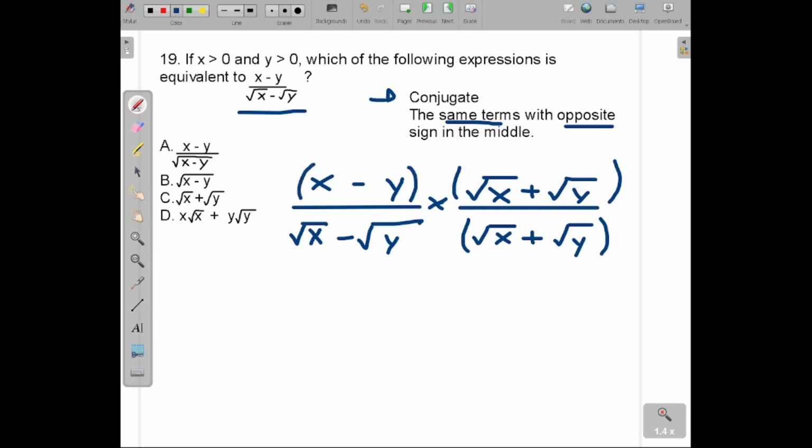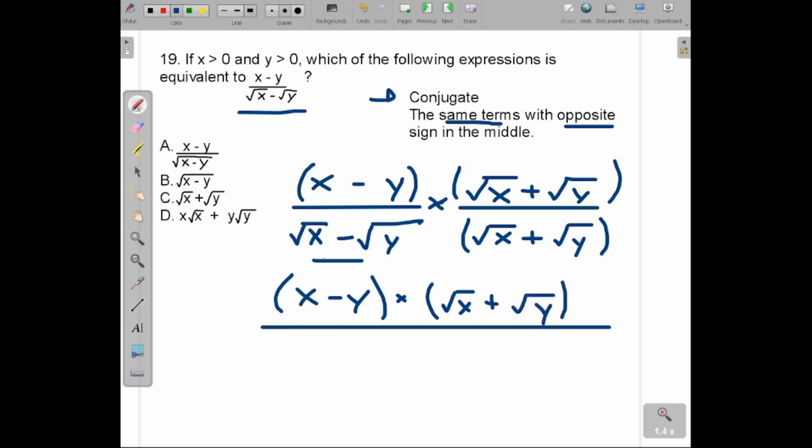Right now we can just copy the numerator, because we can simplify something from the denominator. So x minus y times square root of x plus square root of y divided by, and here we have to multiply the square root of x, the first term, with 2 of the other terms.